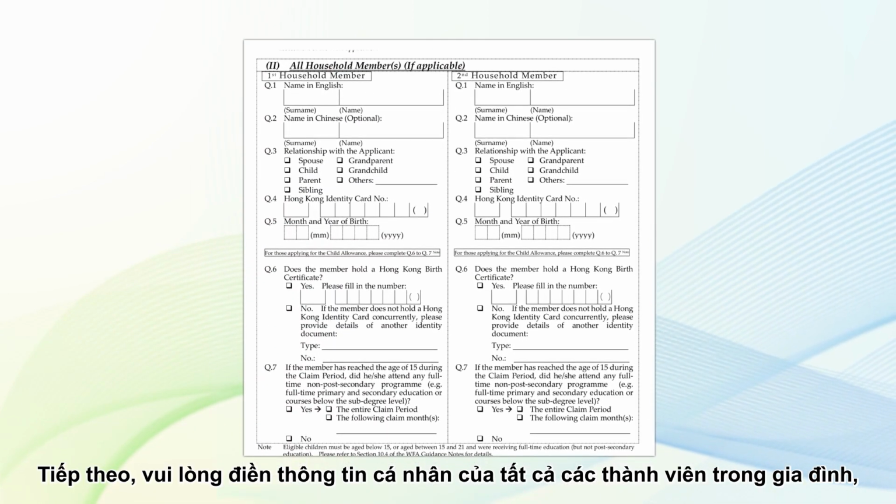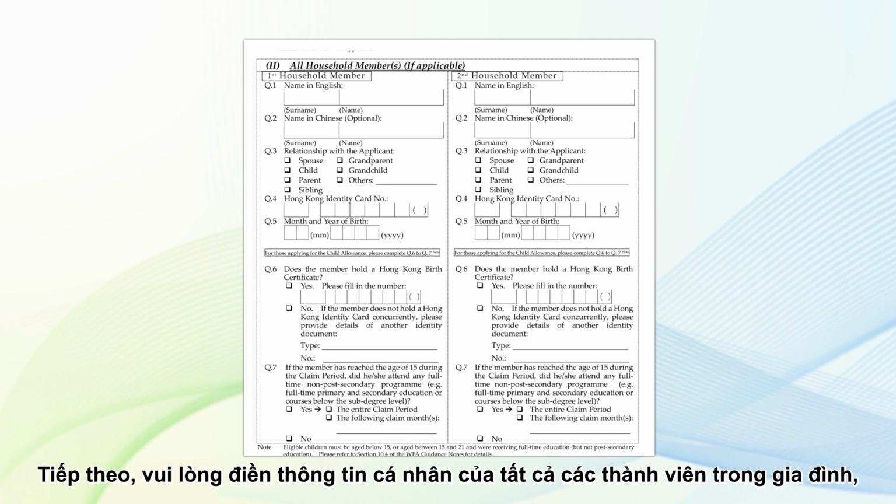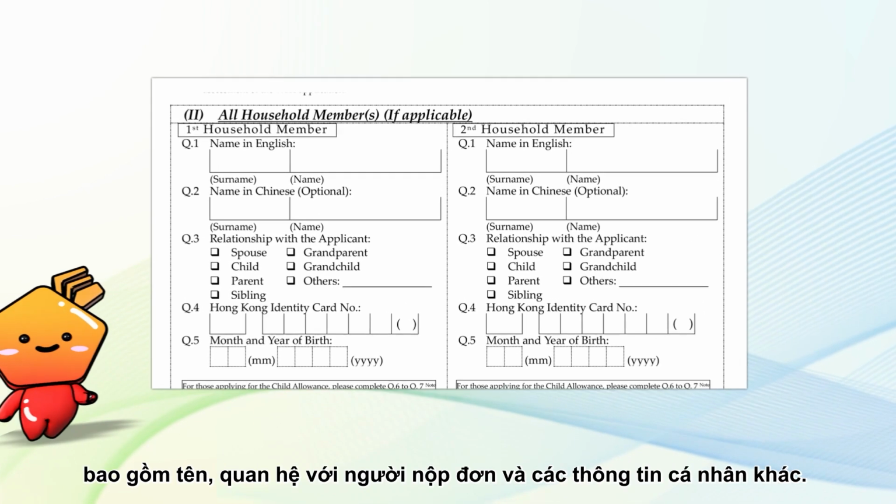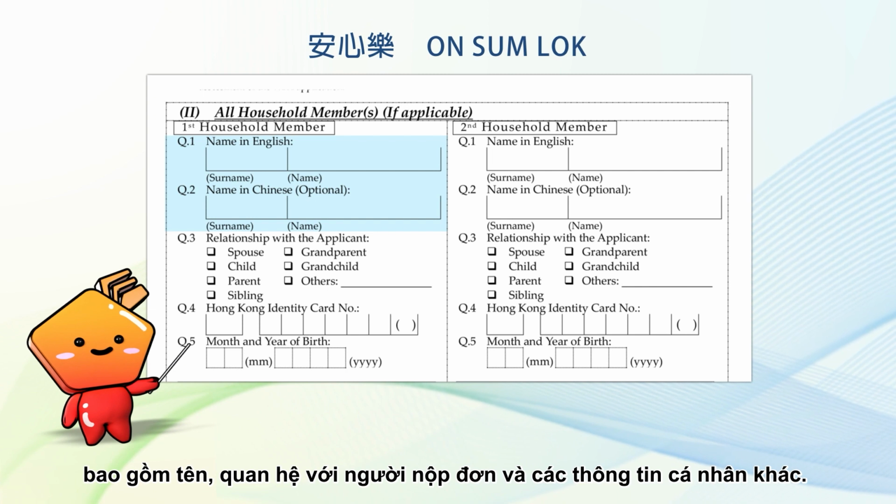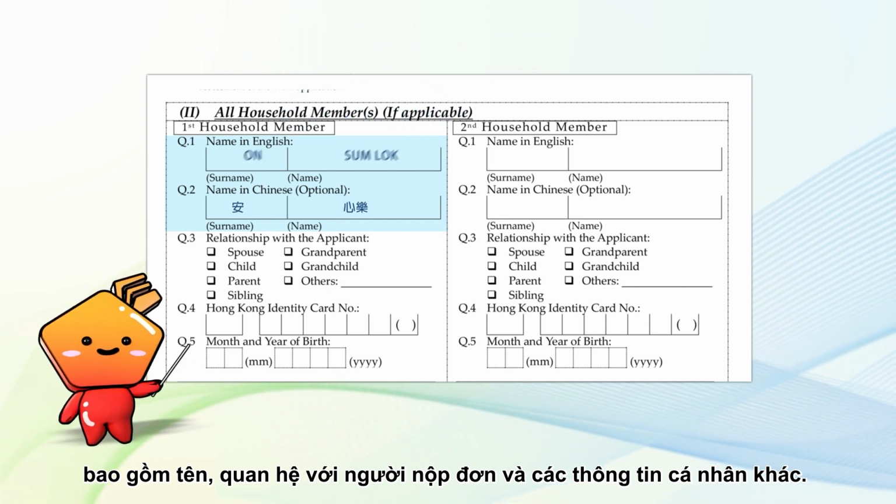Next, please fill in the personal particulars of all household members, including their names, relationships with the applicant, and other personal data.